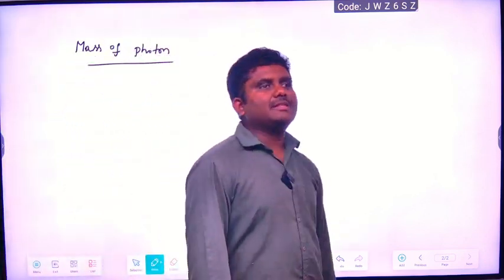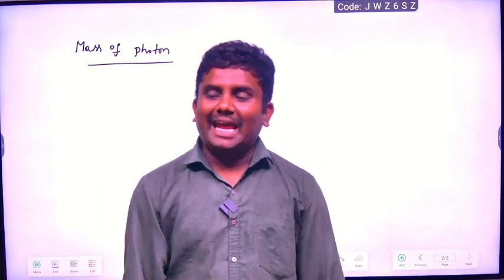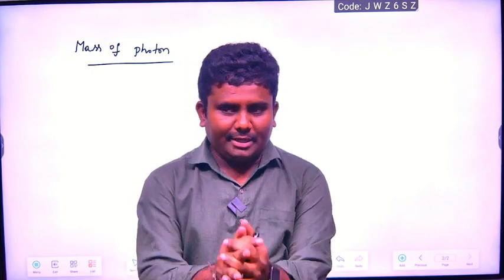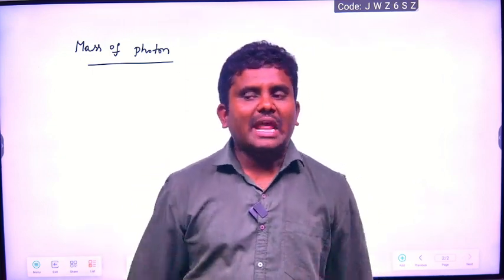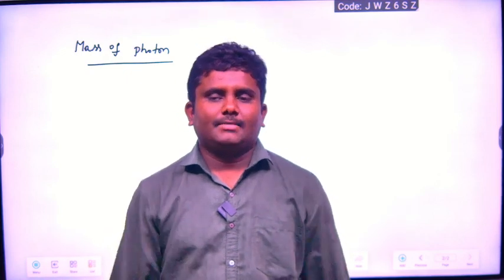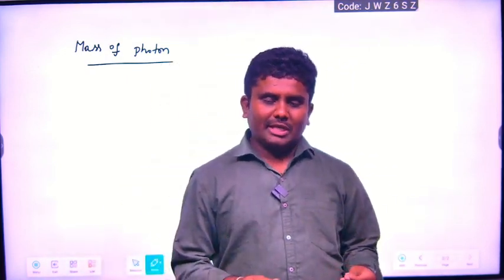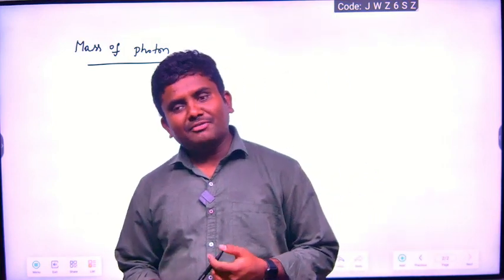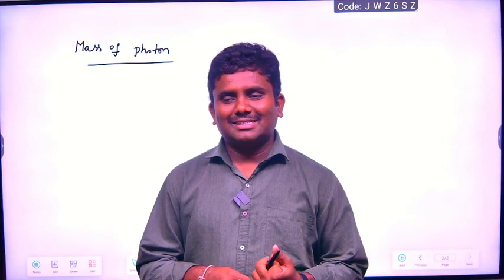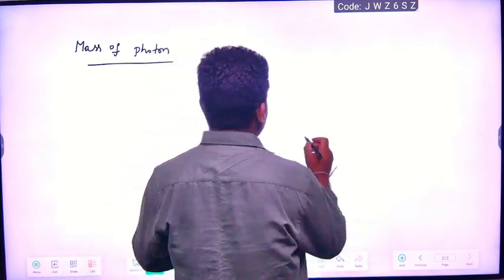What is a photon, first of all? Light consists of photons. A photon is a light particle which has energy in the form of packets called quanta. Understood? The energy of the photon is because of the motion of the photon, and the mass of the photon depends on the velocity of the photon.